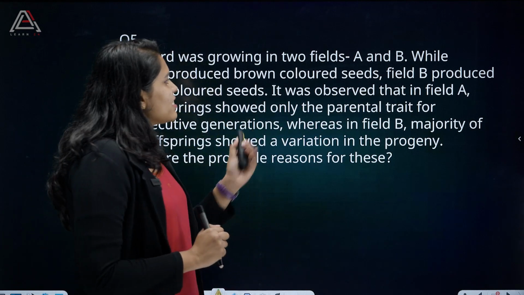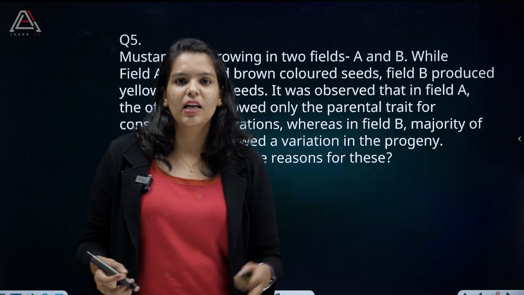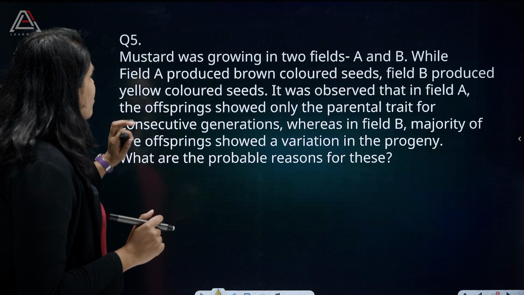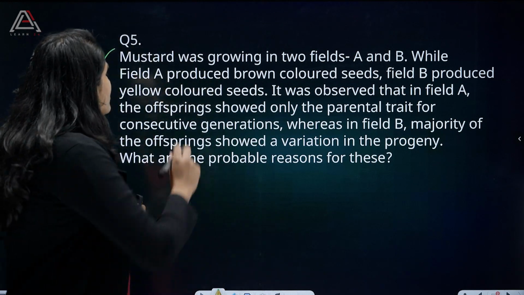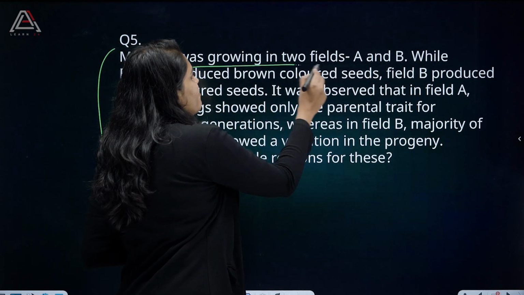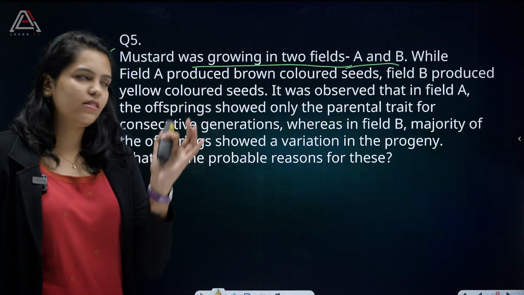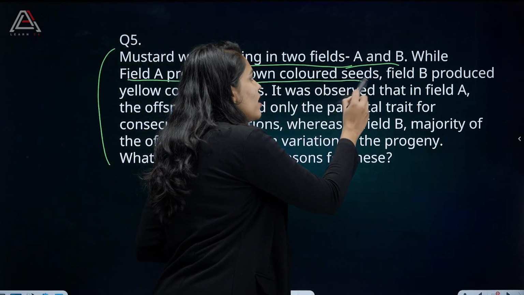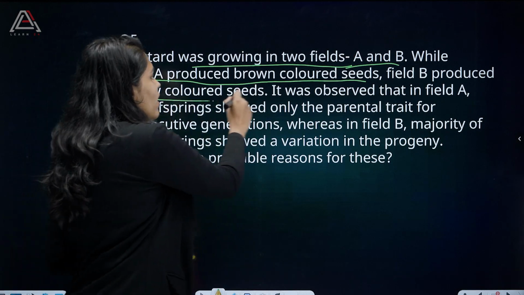In this question you can see they have provided a condition again, and the questions will be asked related to that. So let's see what this question is all about. Mustard was growing in fields A and B. While field A produced brown colored seed, field B produced yellow colored seed.